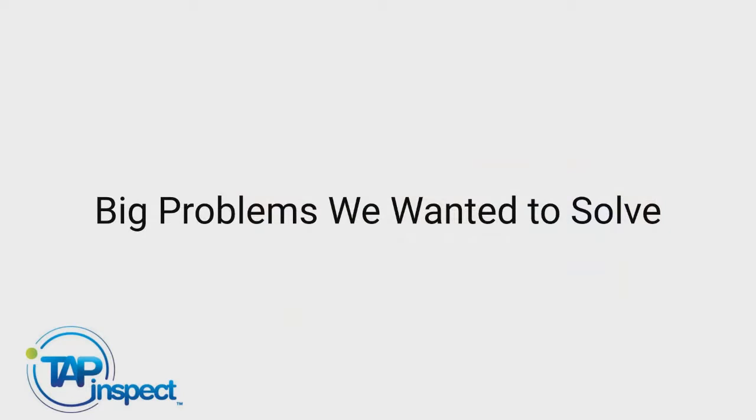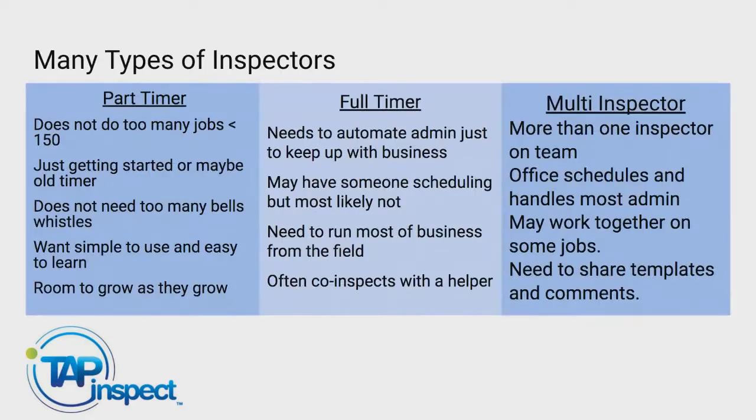The big problems we wanted to solve. This is where we started with this rebuild of the app. We knew that there were some things that really needed to be addressed. And in our world as Tap Inspect, we deal with different types of home inspectors. We want a system that works just as well for a part-timer doing a few jobs as it does for a multi-inspector firm that's probably doing 2,000 a year.